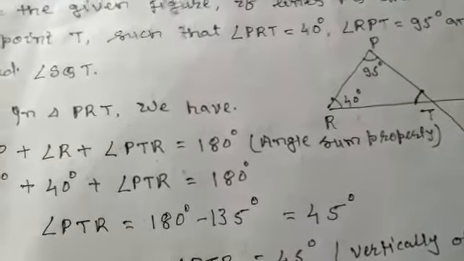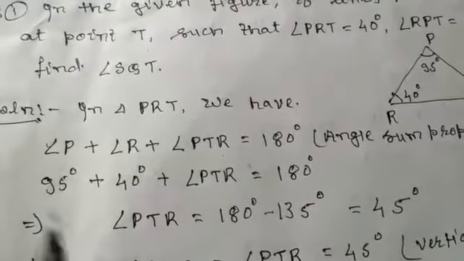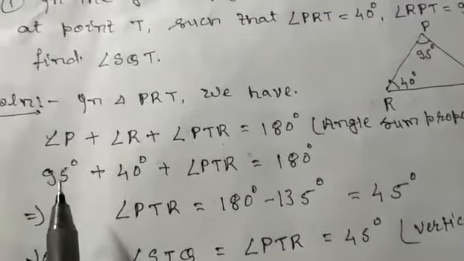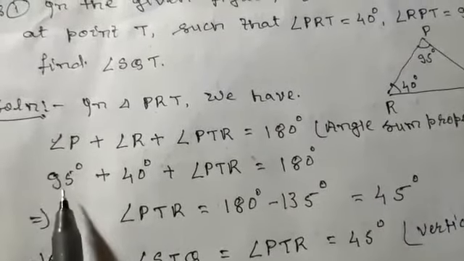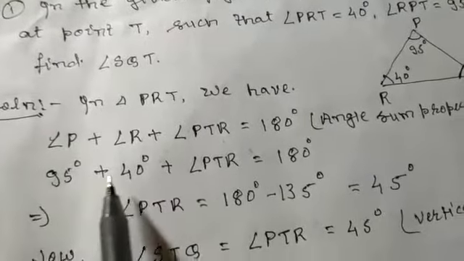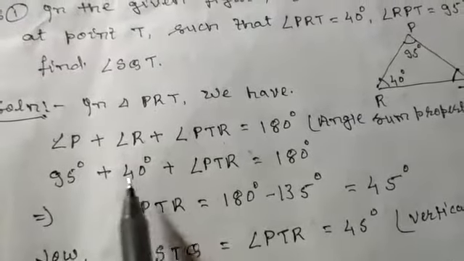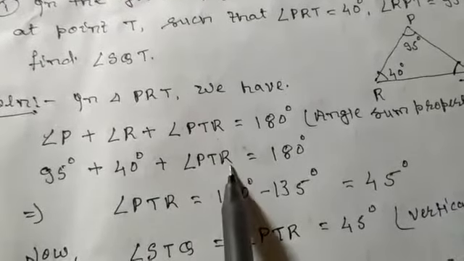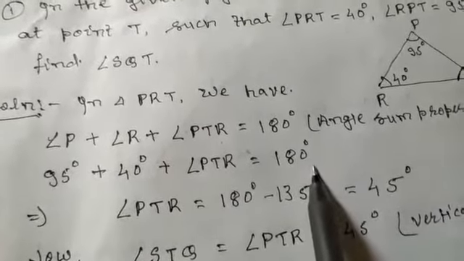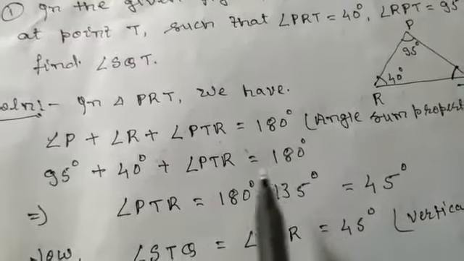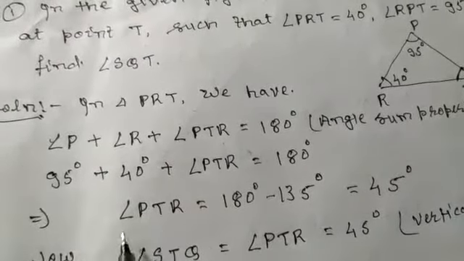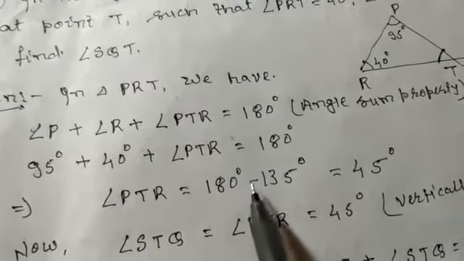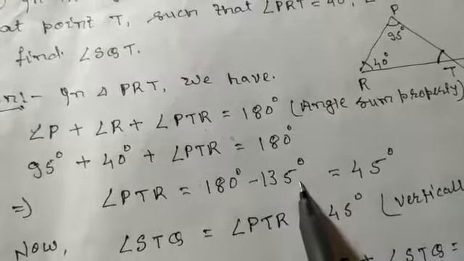We have the measurement of angle P, that is 95 degrees, and angle R is 40 degrees. So 95 degrees plus 40 degrees plus angle PTR equals 180 degrees. On further solving, angle PTR is equal to 180 degrees minus 135 degrees.